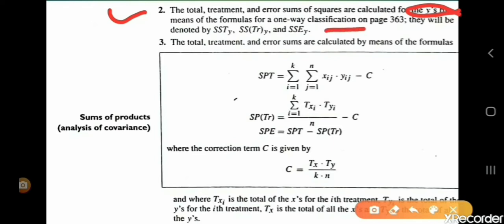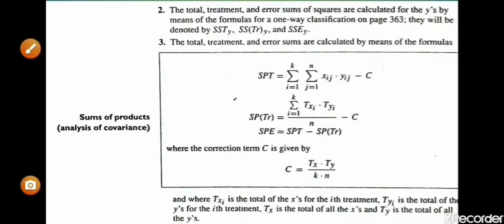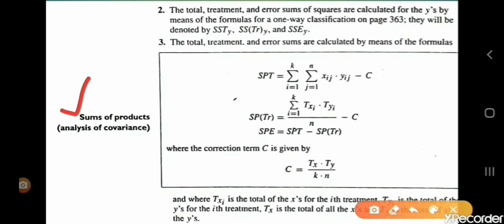Now we will calculate the sum of products, which will be used for calculating the adjusted sum of squares.